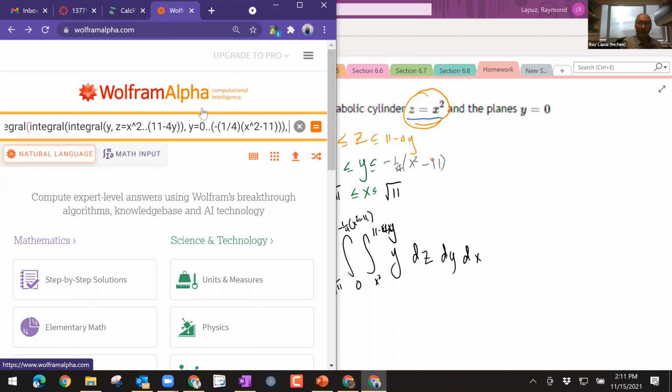And then finally, my last integral is going to be with respect to x. And this is going to go from minus square root of 11 to positive square root of 11, and we'll close that.